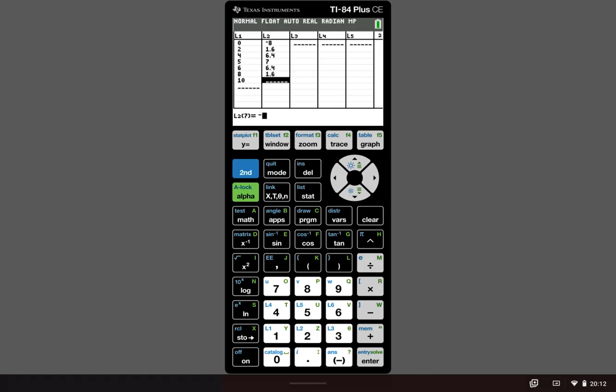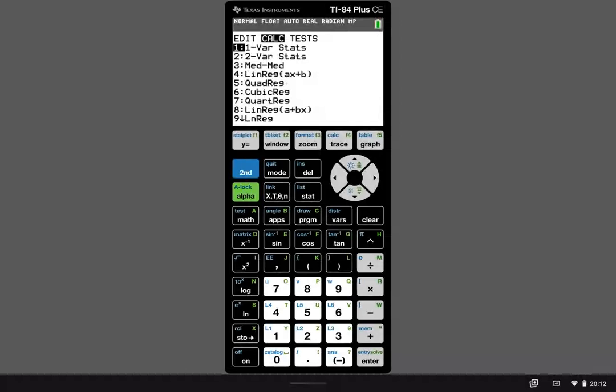Okay, so now that you've done that, we're going to go to Stat, Calc. All right, and then remember we arrow down to quadratic regression, and we press Enter, and then we just enter, enter.